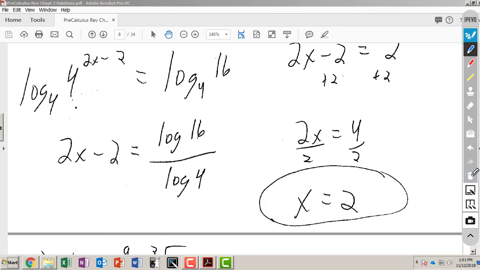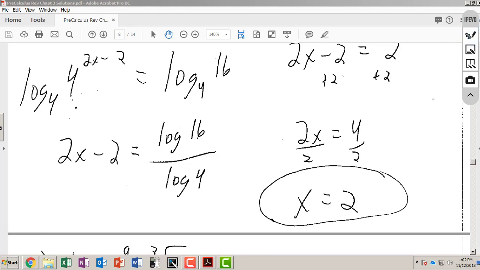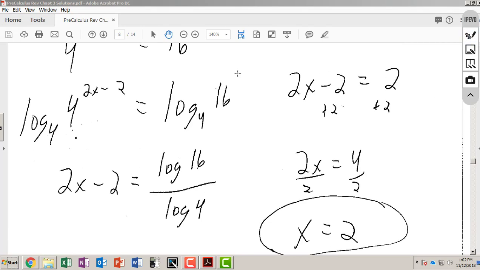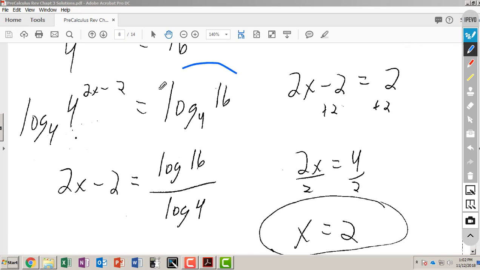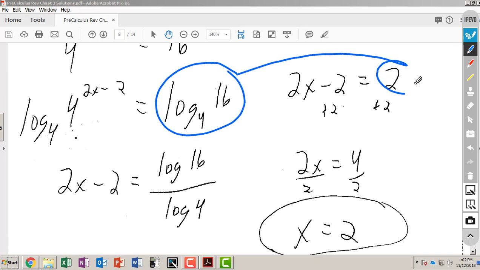I know that 4 to the second power is 16, so log base 4 of 16 becomes 2.